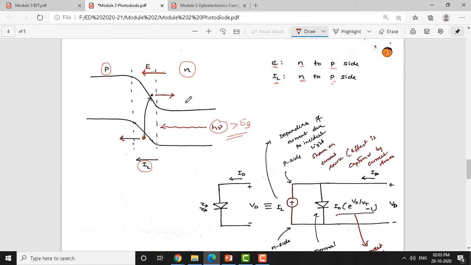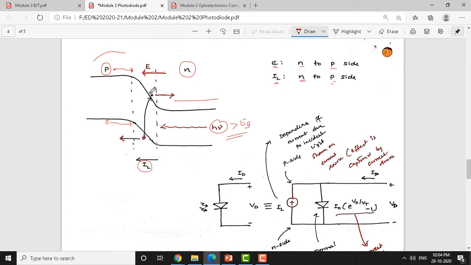Electron hole pairs may also be generated in the neutral regions, this region and this region here. This is almost negligible because this is a neutral P region and this is a neutral N region, where the diffusion process happens, and diffusion is very slow. Okay. The diffusion process will make the electron diffuse to the edge of the depletion region.